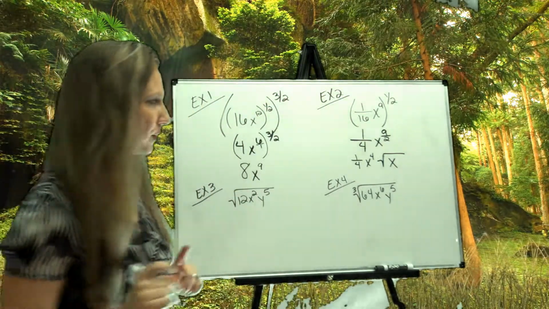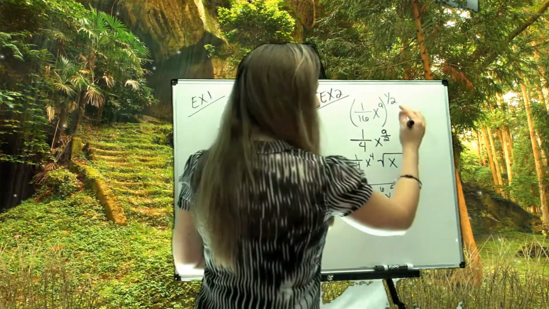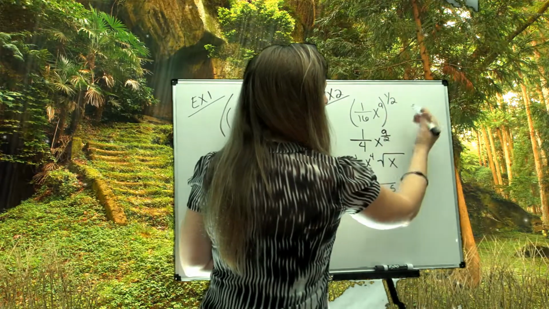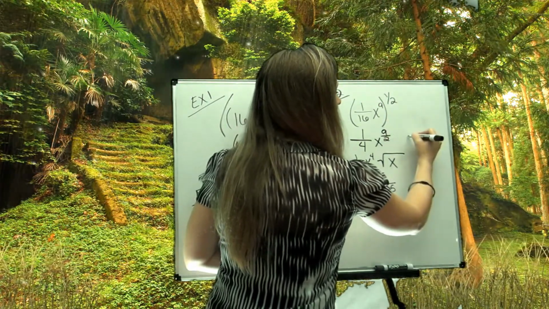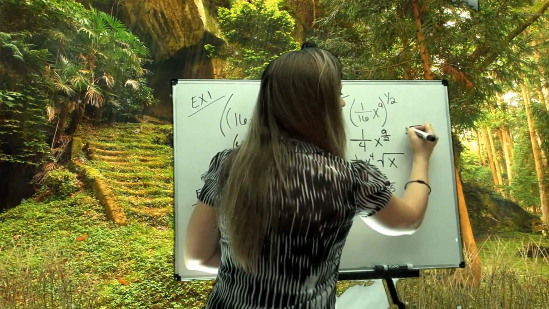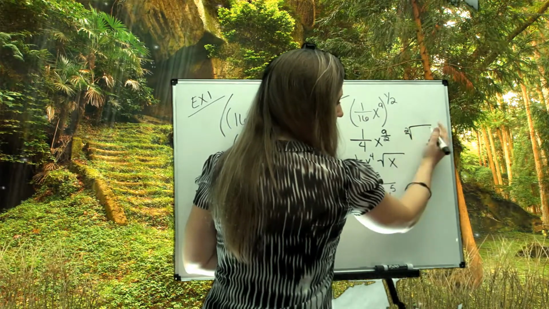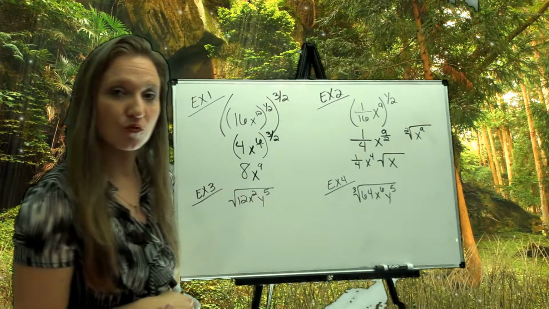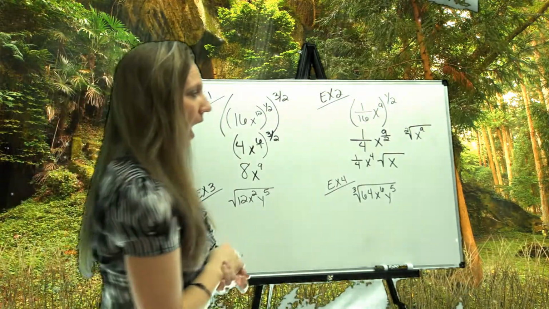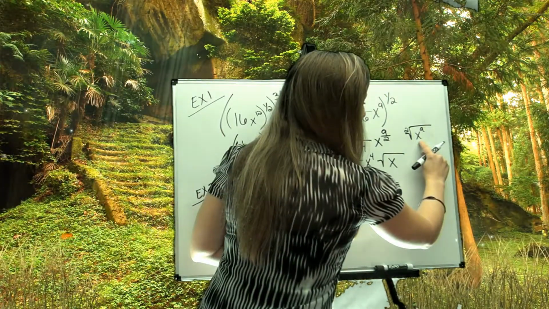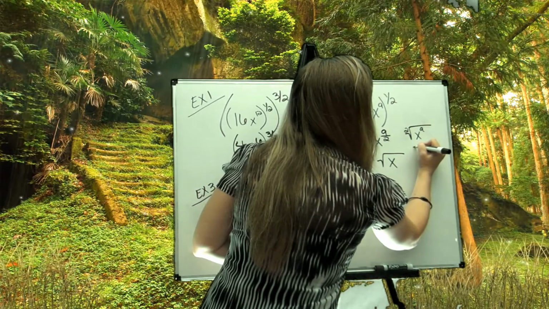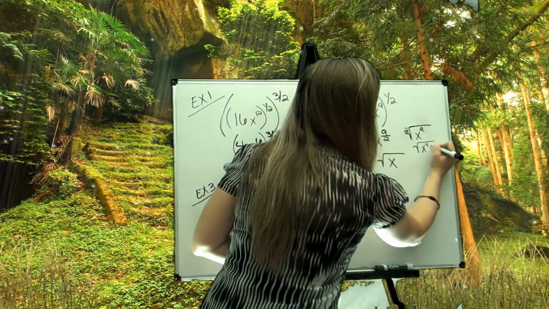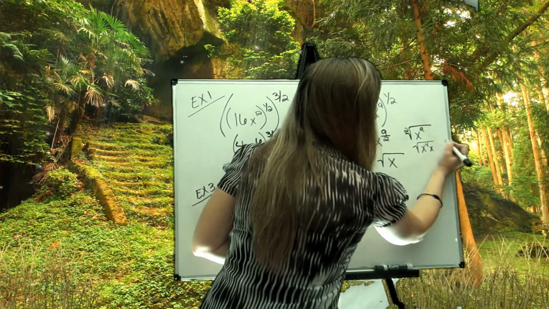Let me explain it in a little bit different way. Think about when we had this radical right here. If I rewrote this, it's the square root, remember square is implied, of x to the 9th. If I rewrote that in radical form, I can break this down up to x to the 4th times x.